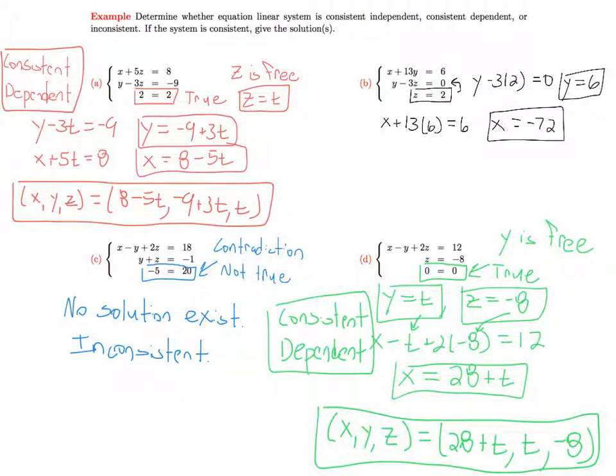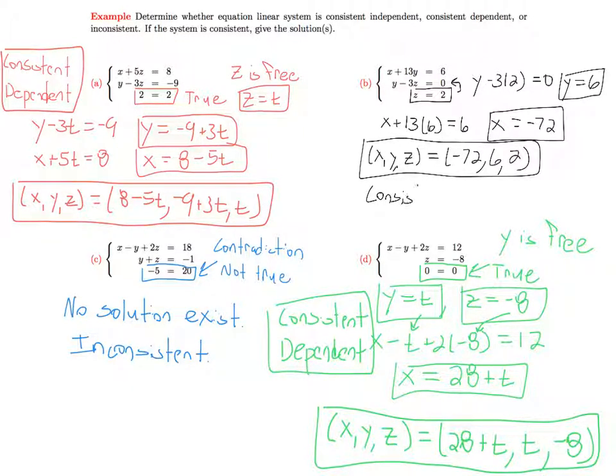So therefore my solutions are x, y, z is equal to minus 72, 6, and 2. There's only one unique solution, so this is a consistent independent system.